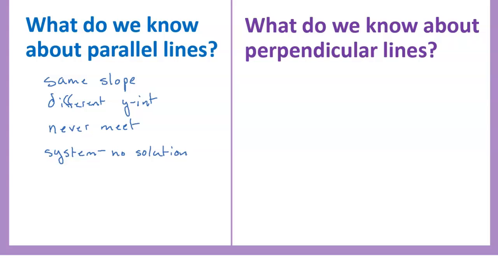Maybe let's go over to the other side. What do we know about perpendicular lines? This might not be as much. We might still be figuring stuff out about perpendicular lines. Well, we know that they do meet exactly once, and they meet at a 90-degree angle.